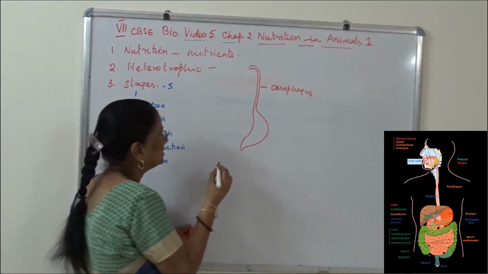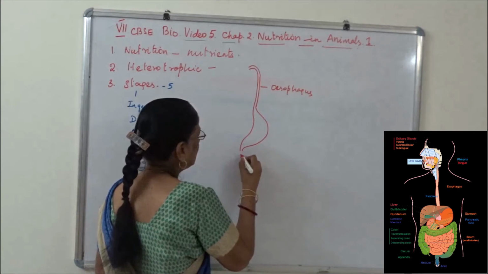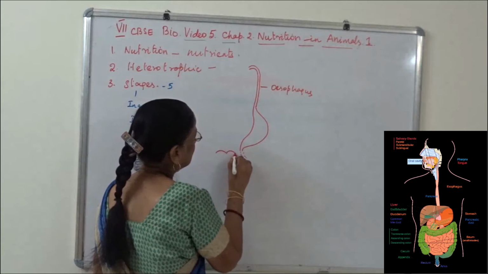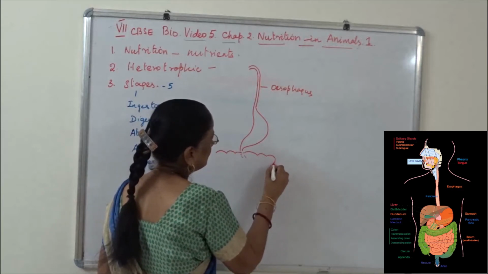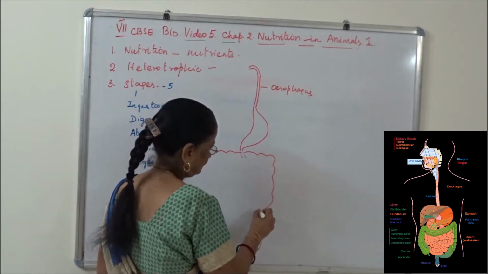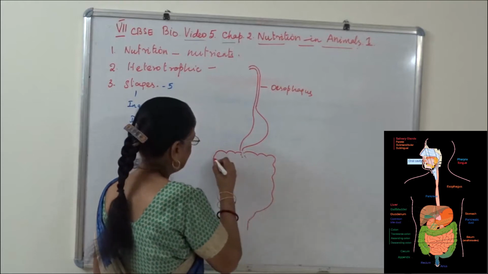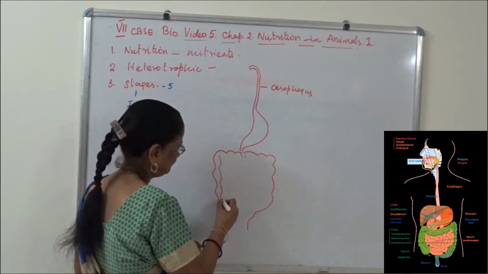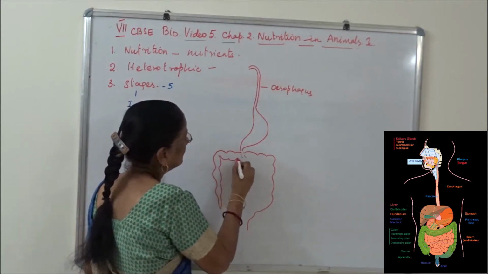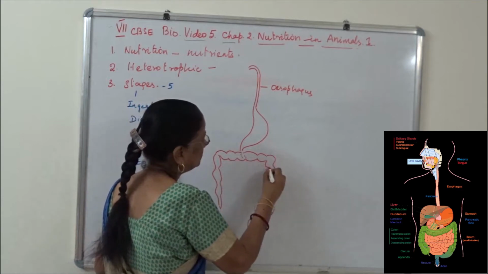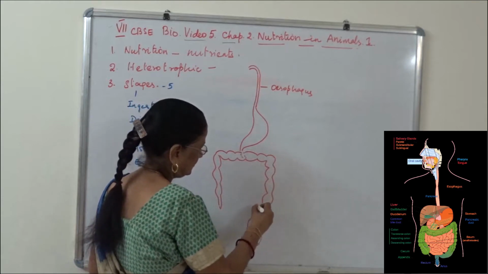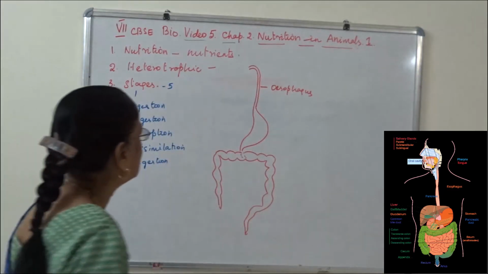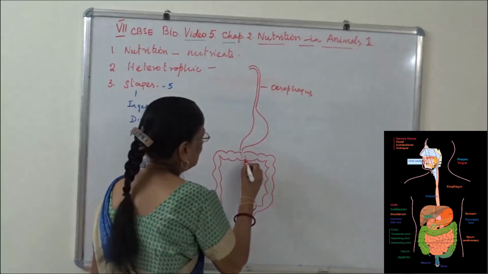Right? And then it is followed by the small intestine. After that is the large intestine. Just follow this. You have to do like this. Right? And then this is the small intestine.